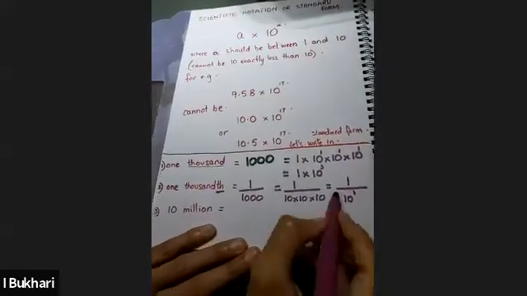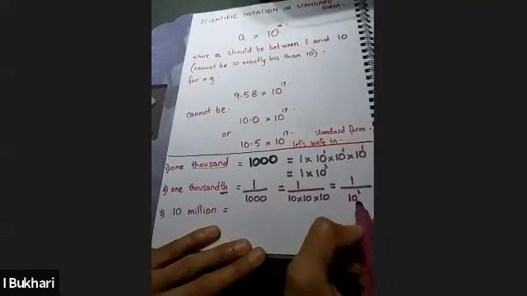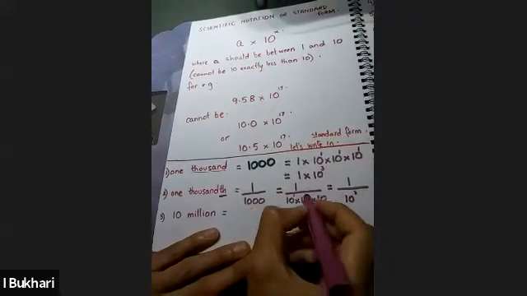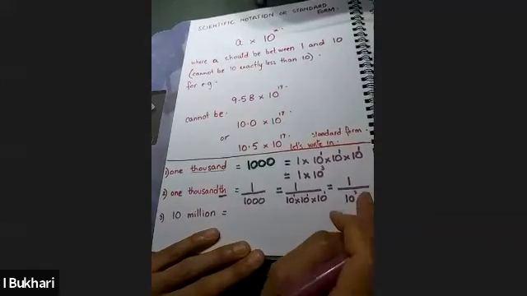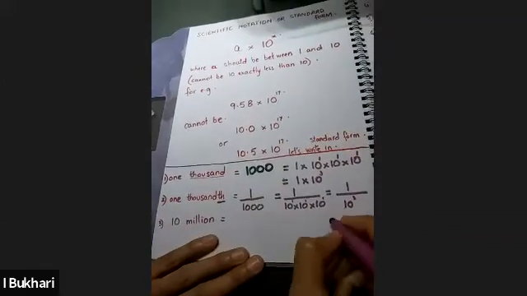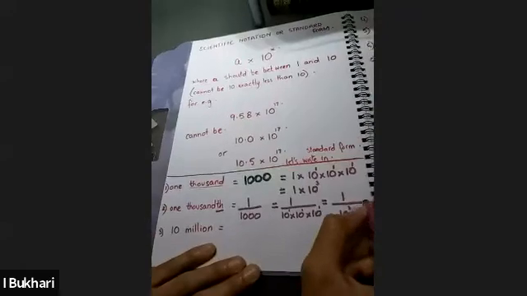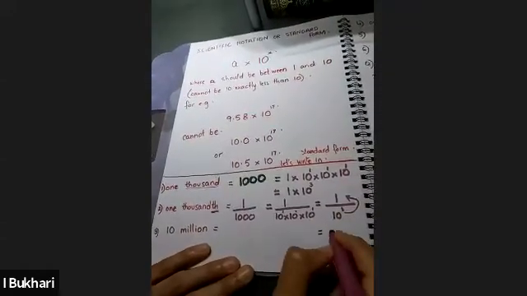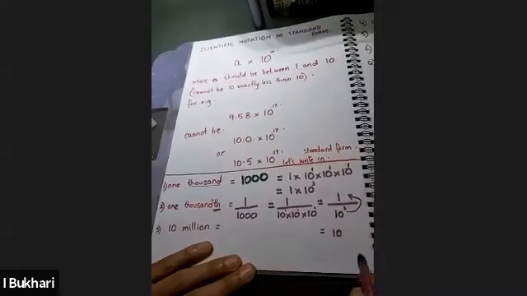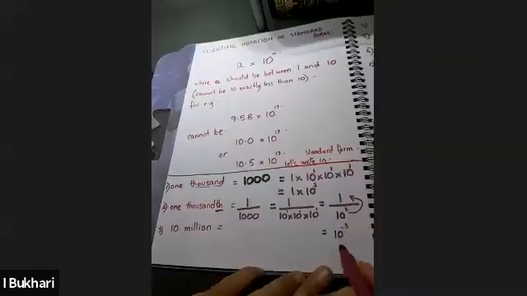So it will stay positive. It will stay 10 to the power 3, because all these 10s have power 1, their powers get added, so I get 10 to the power 3, not minus 3 yet. But now when I shift its place and move it above the fraction bar, it becomes 10 to the power minus 3. So that's how we get 10 to the power minus 3.